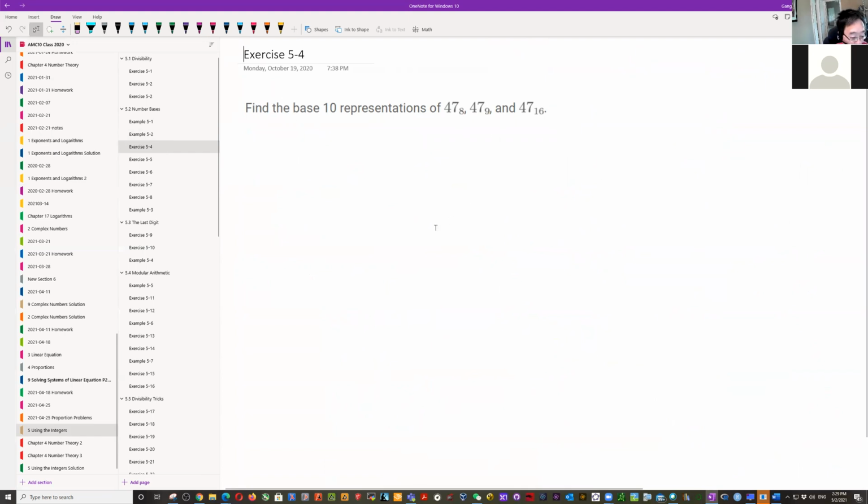Let's give everyone 2 minutes to see how it will go. Find the base 10 representation of 47 base 8, 47 base 9, and 47 base 16. So there are 3 little problems here.